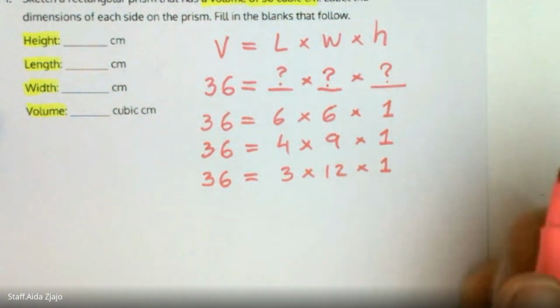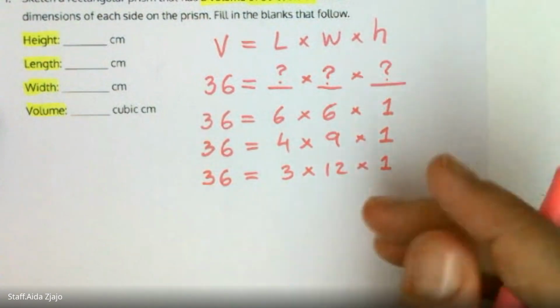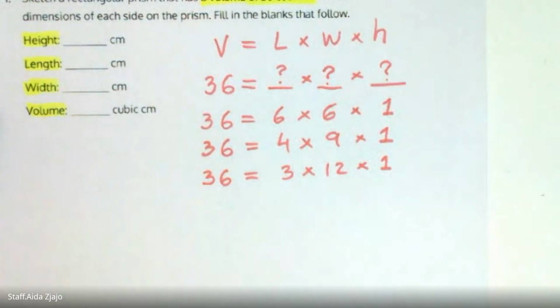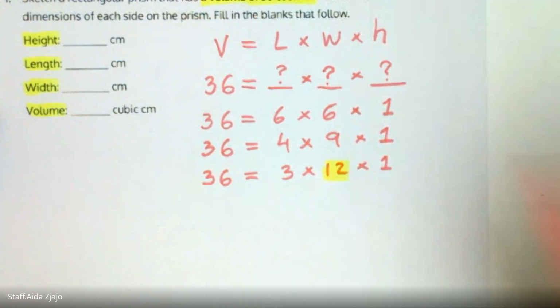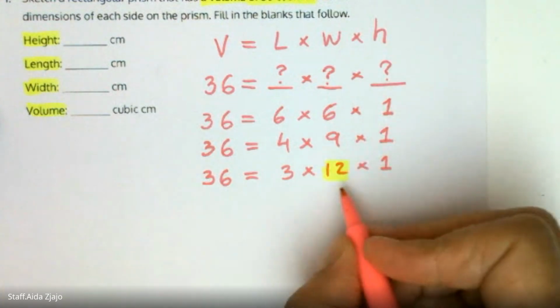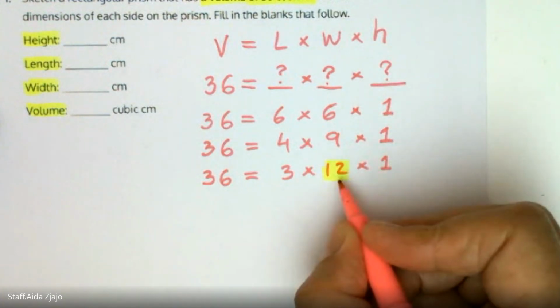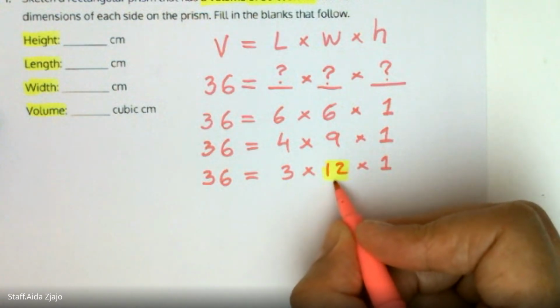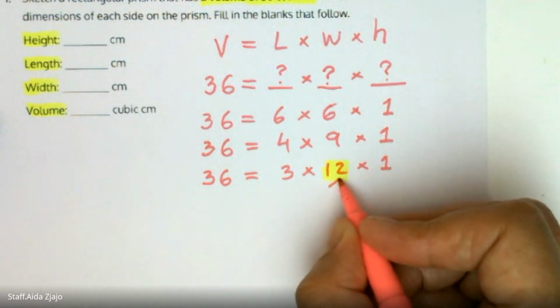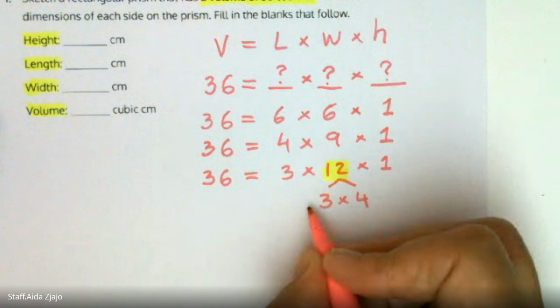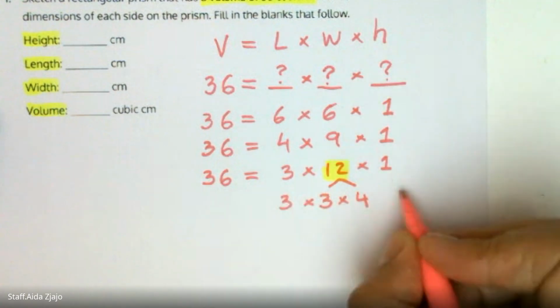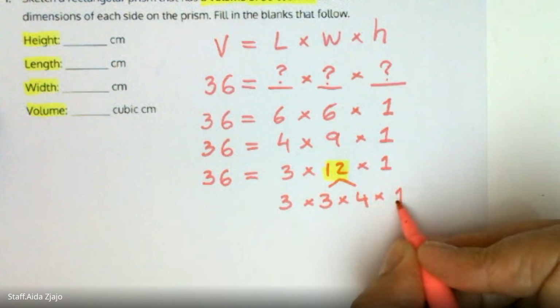So now that that is explored, we can think about decomposing one factor. All right. So if I decompose this to 3 times 4, I will still have this 3 and this 1 left there.